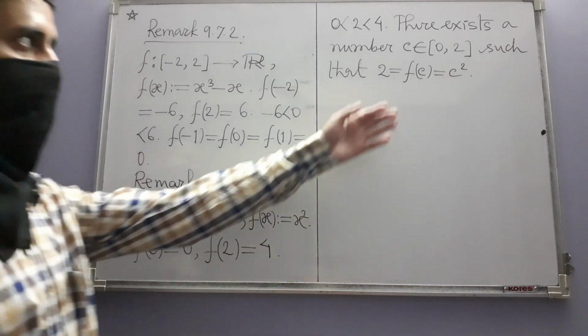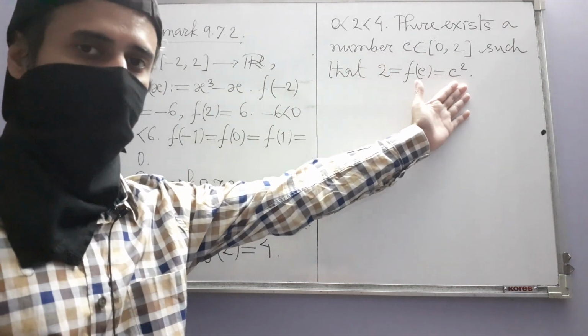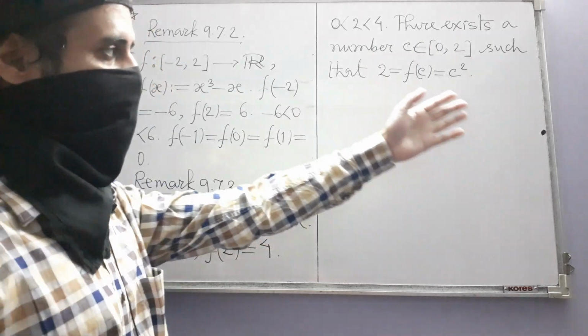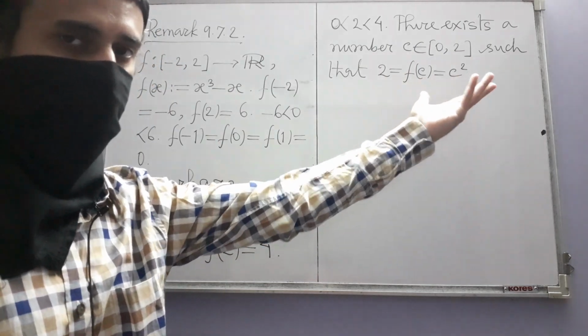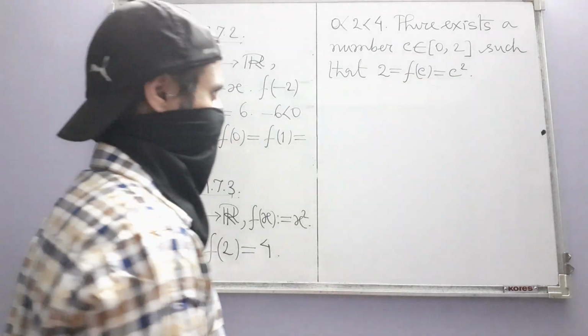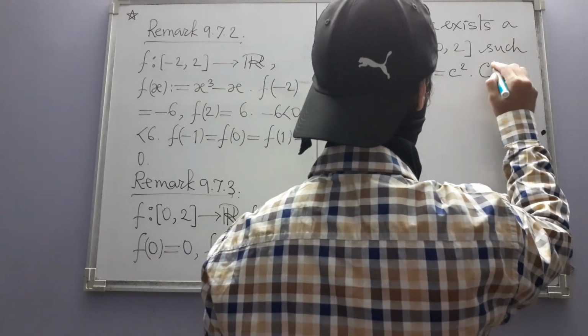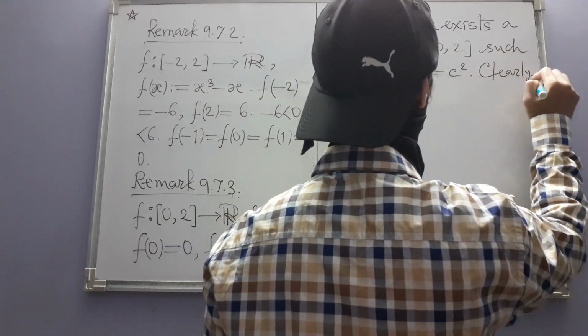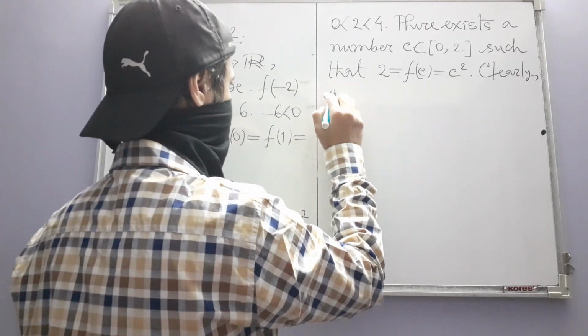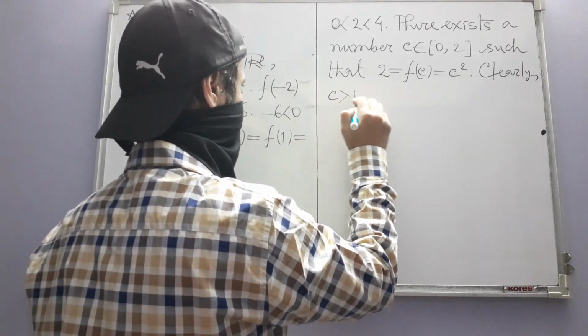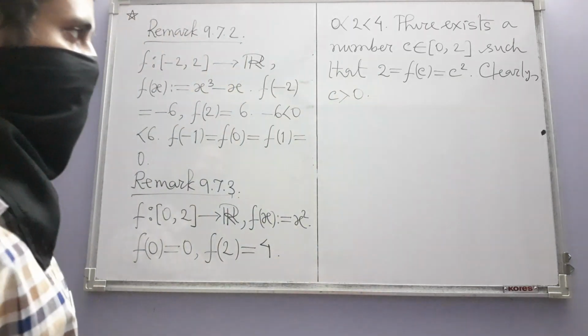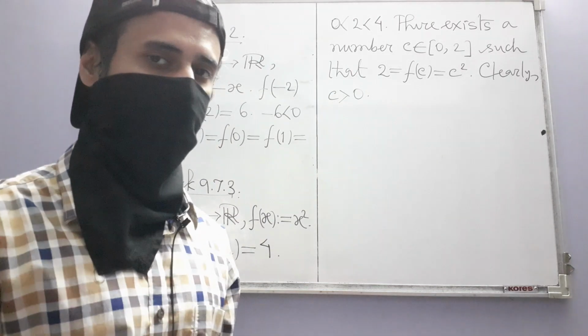And because c actually cannot be 0, c has to be positive. So that of course comes out immediately, and that c is clearly greater than 0. That c is a positive square root of 2.